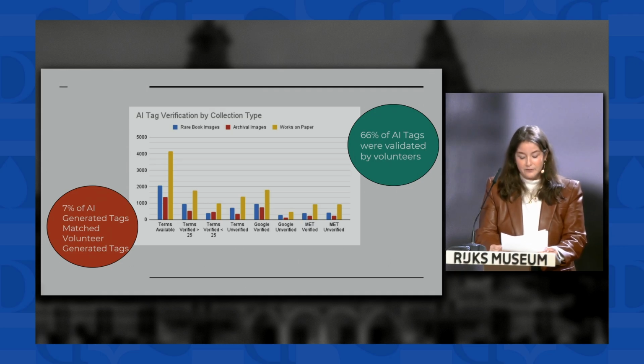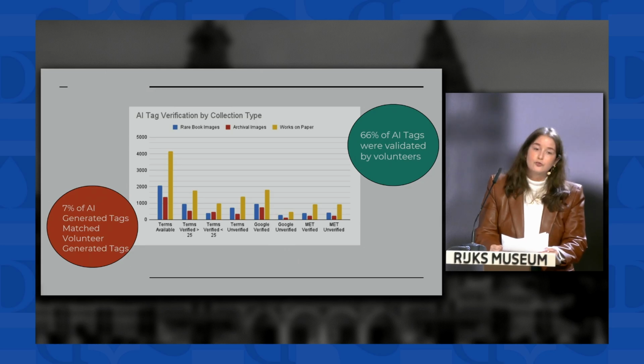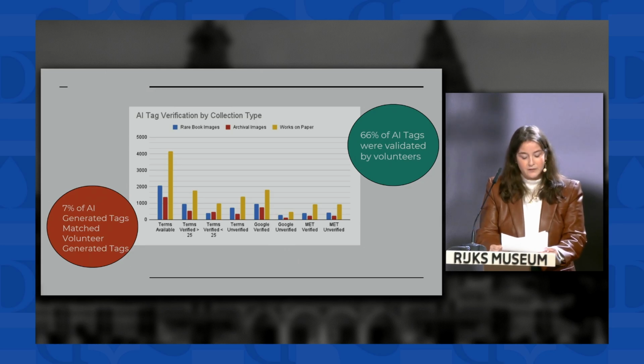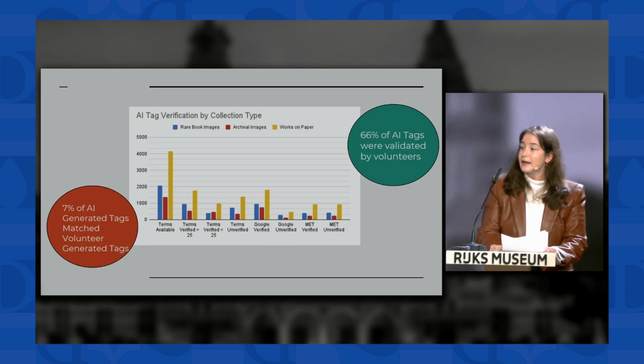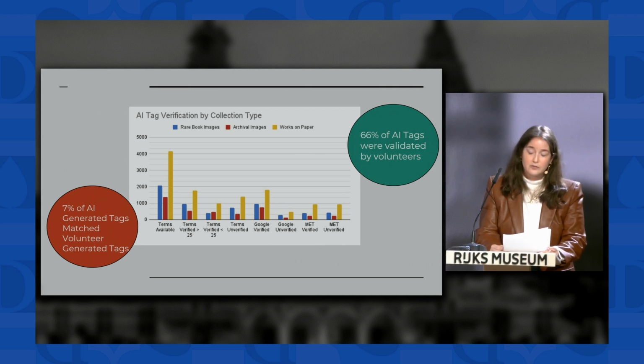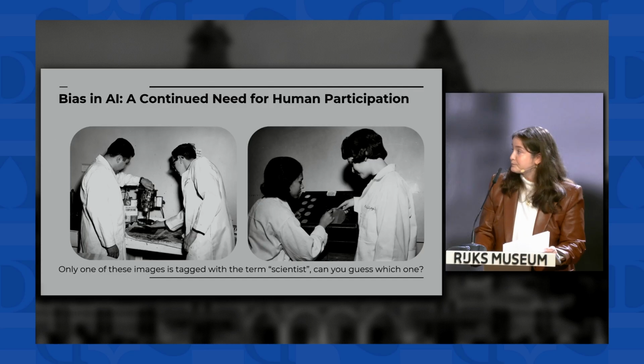And despite accounting for 58% of the total tags generated, the Google Cloud Vision API tags actually accounted for almost 90% of the tags verified by volunteers, demonstrating there was a strong preference from our volunteers for the visually descriptive language of the Google Cloud Vision API versus the more museum cataloger language prevalent in the IMET Tagger.